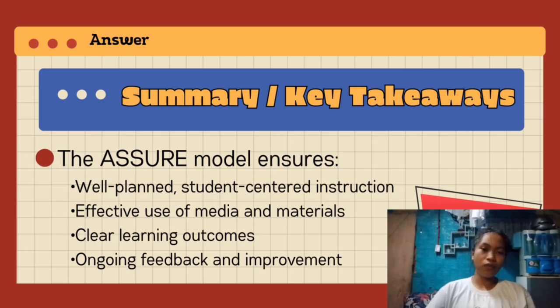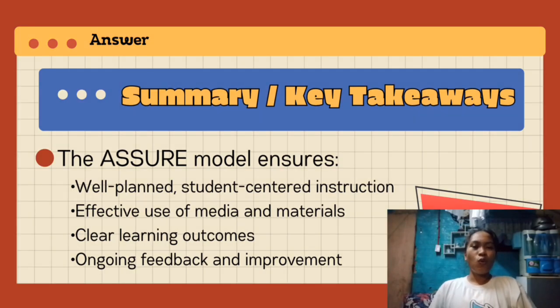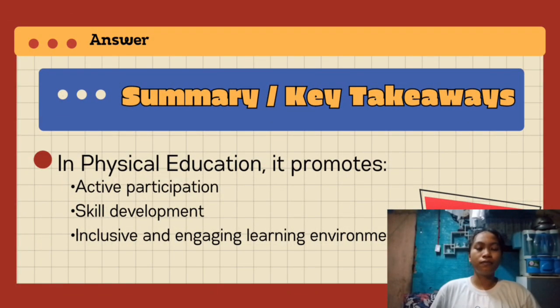For the summary, so what's the big picture? The ASSURE model helps us deliver well-planned and student-centered lessons, specifically in 21st century learning. It encourages us to use media and materials effectively, define clear learning outcomes for our learners, and constantly improve based on feedback.